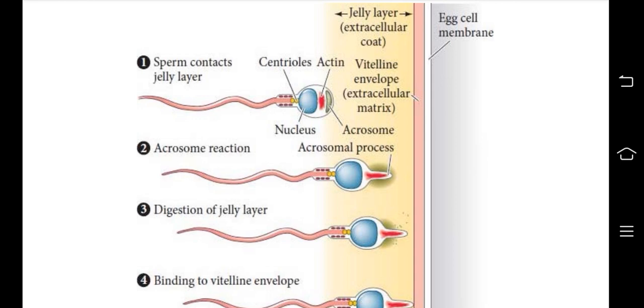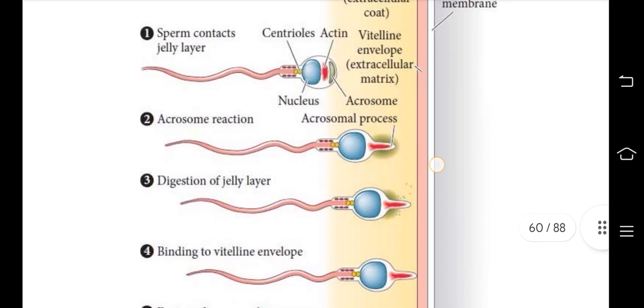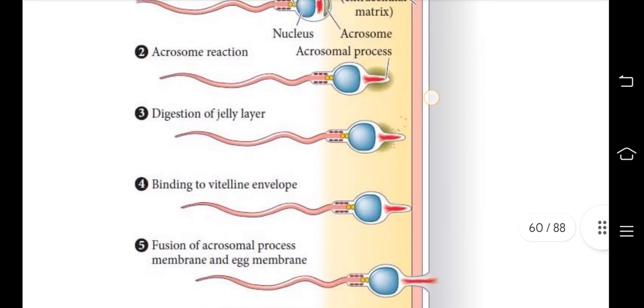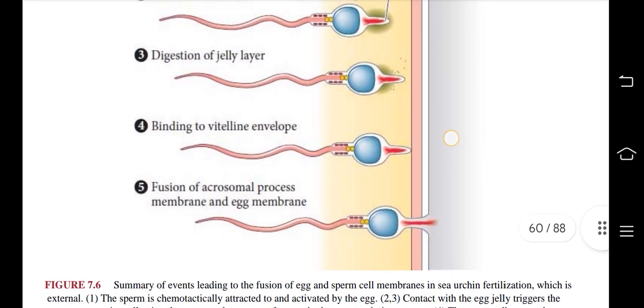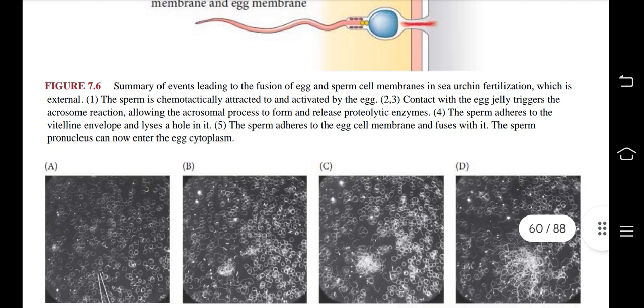Sperm contacts jelly layer, centrioles, actin, jelly layer extracellular coat, vitelline envelope extracellular matrix, egg cell membrane, acrosome reaction, digestion of jelly layer, binding to vitelline envelope, fusion of acrosomal process membrane and egg membrane. So, a summary of events leading to the fusion of gametes in sea urchin, which is external.